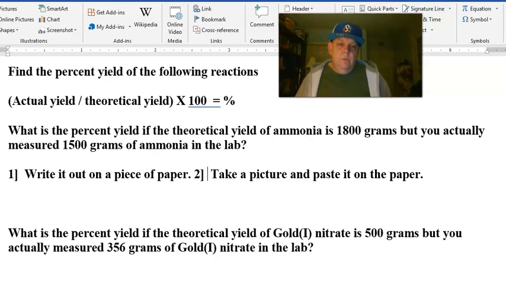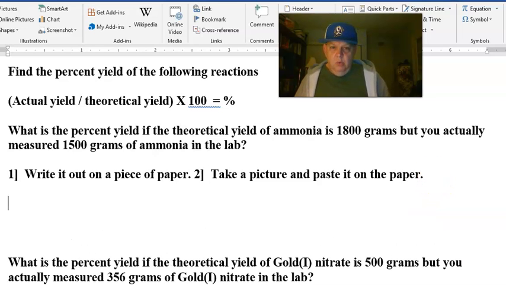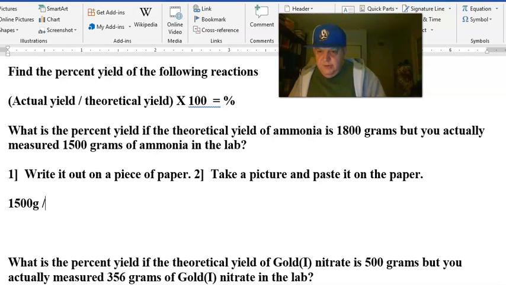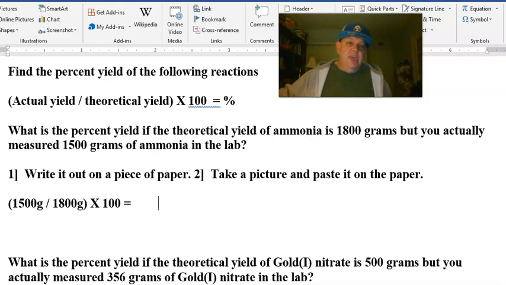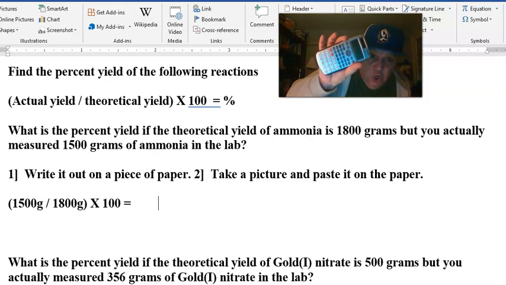All right. So for this, I'm going to do that in Word. So I know my formula. My actual yield is 1,500 grams, and I'm going to divide that by 1,800 grams. Now I know that I've got to put it in parentheses like so, times 100, and that's going to equal whatever percent, which now means I have to get a calculator.